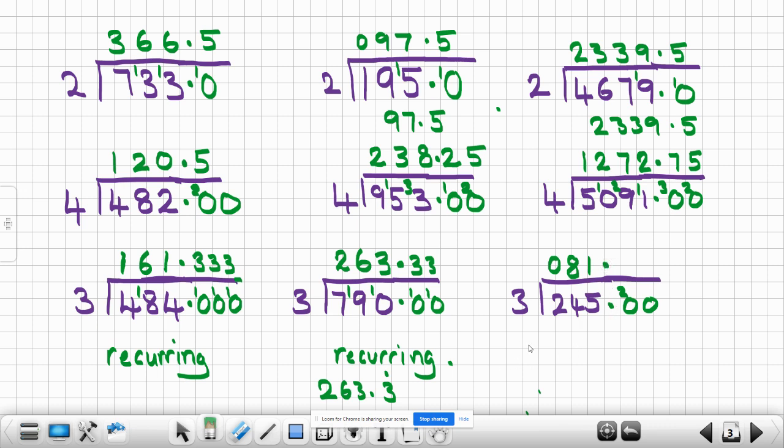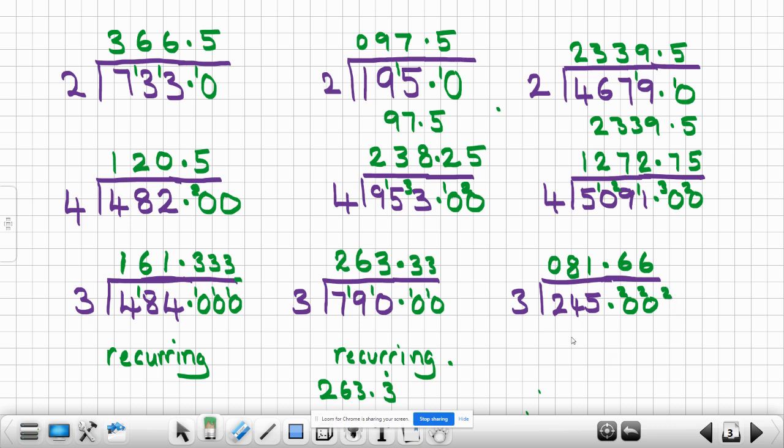And we're now saying, how many 3's in 20? 3 goes into 20 6 times. 3 times 6 is 18. How much is left over? 2. 3 goes into 20 6 times. How much is left over? 2, because 3 times 6 is 18.